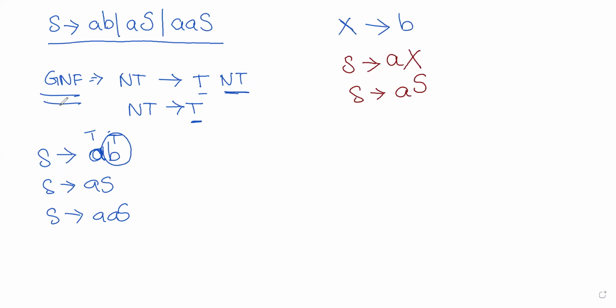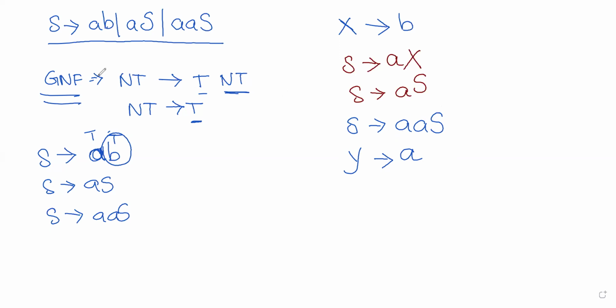The third one is S gives AAS. Now I'm creating a new non-terminal called capital Y, and I'm saying it holds the value of A. Don't jump to a conclusion and apply this Y on every A. Check and apply it wherever it is necessary.